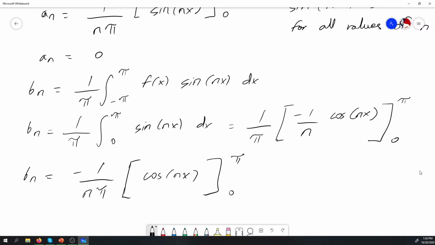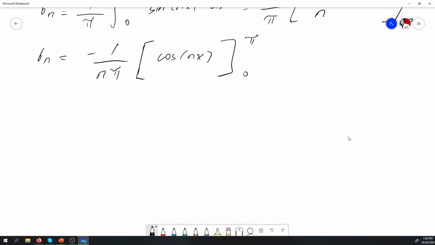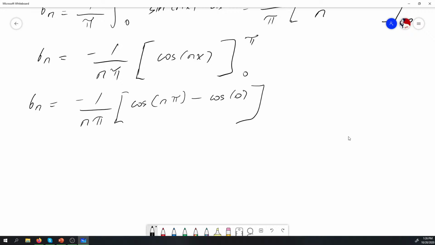And let's resolve this out a little bit more so that we can see what it's going to be. So b of n being negative 1 on n pi, this is going to be cosine of n pi minus cosine of 0, and cosine of 0 just resolves to 1.